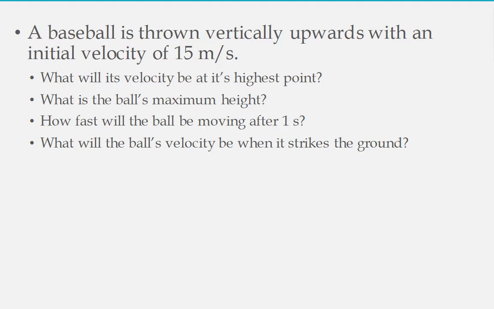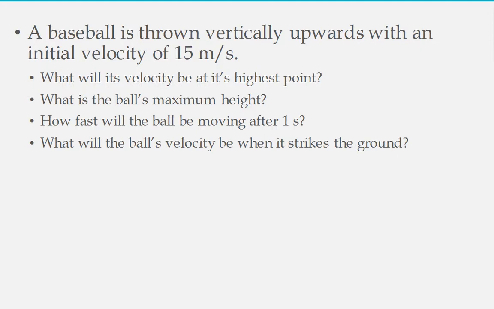This one you're not throwing it horizontally. So this is a completely different scenario. A ball is thrown vertically up. If you throw something vertically up, does it have any horizontal component to it? Vertically up, vertically down. It shouldn't go left or right at all.